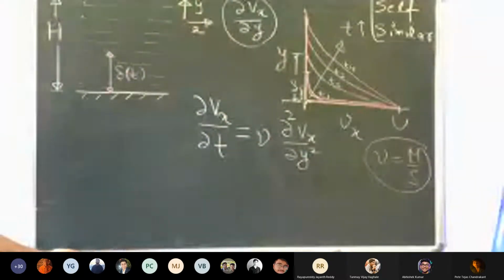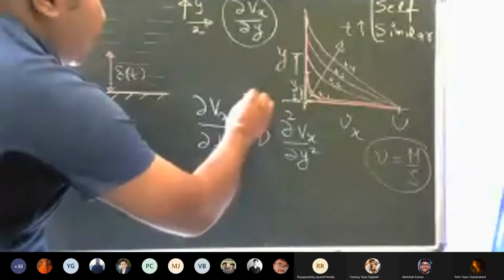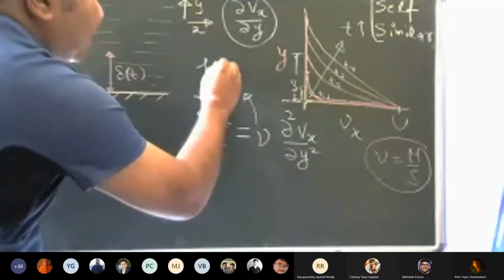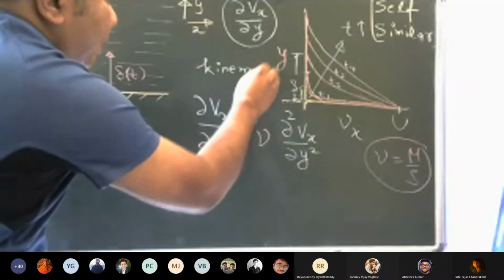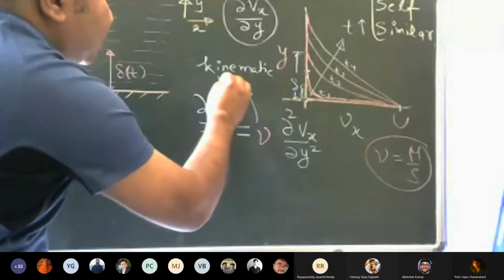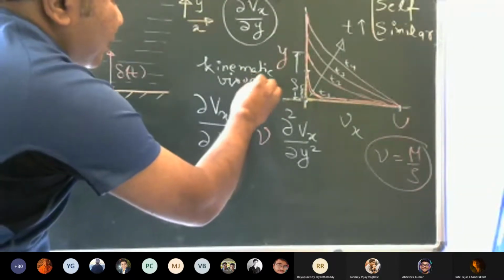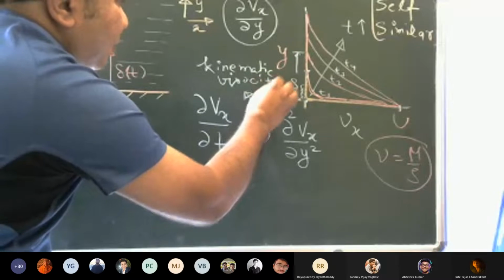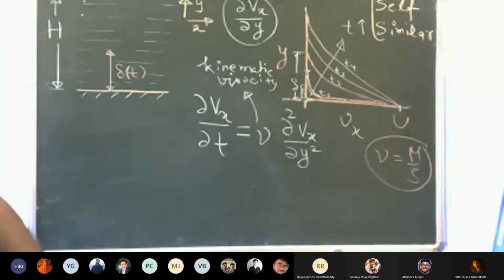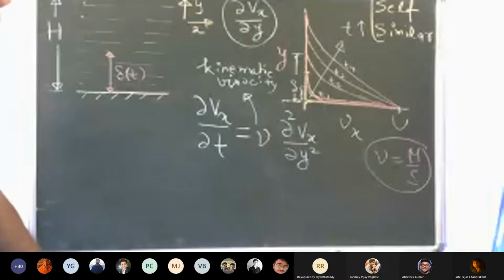This nu is called kinematic viscosity. But I'll tell you something more meaningful rather than this name. You have done mass transfer.